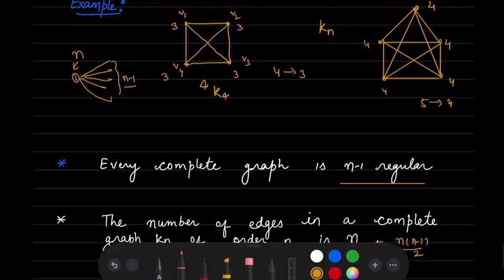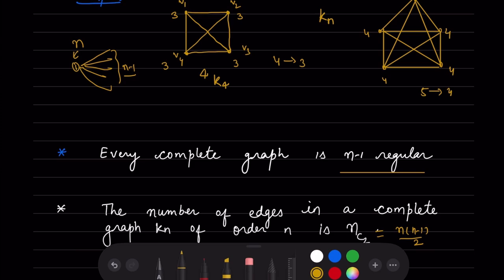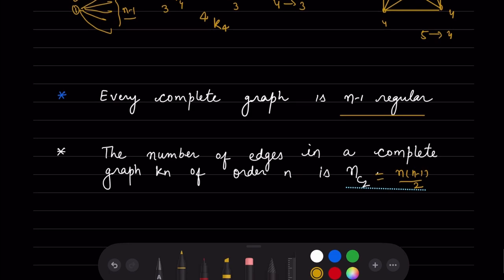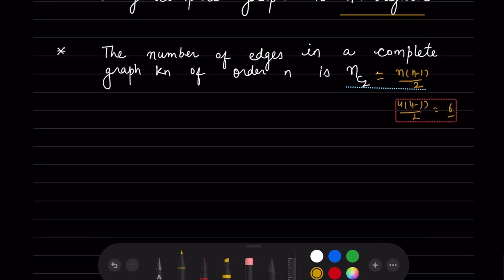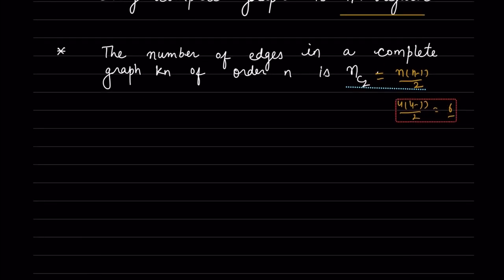Here we have edges 1, 2, 3, 4, 5, 6, that is 4C2, 4 into 4 minus 1 by 2, equal to 6.